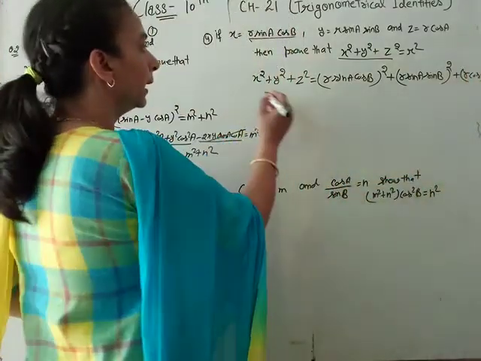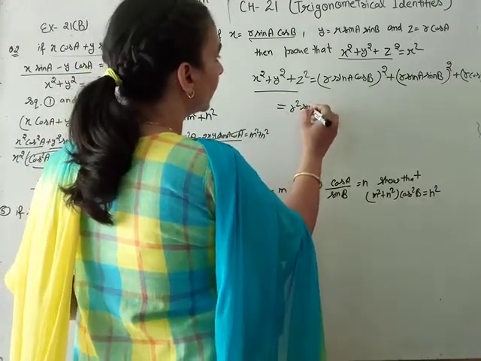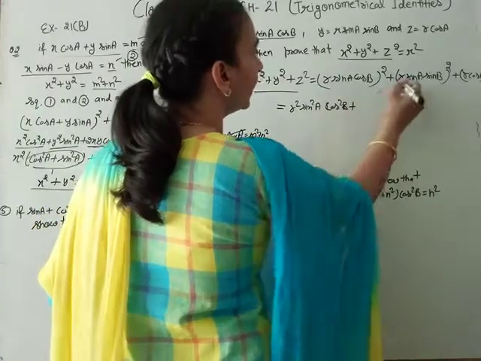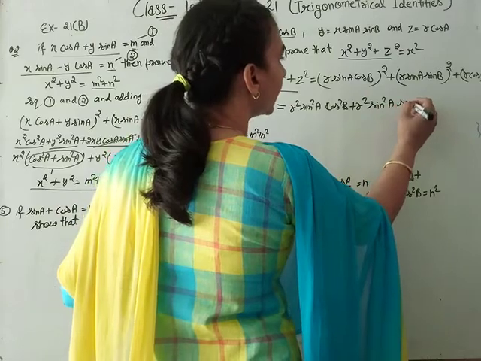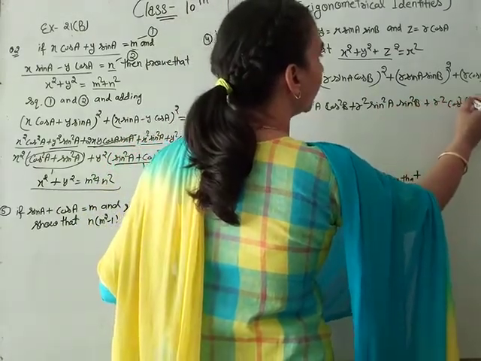This becomes r square sin square a cos square b, plus r square sin square a sin square b, plus r square cos square a.